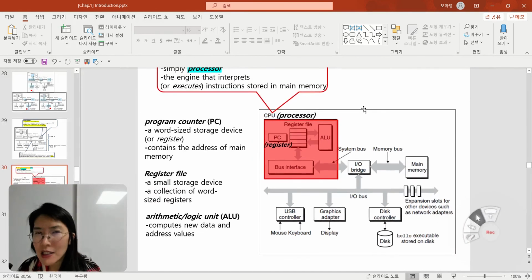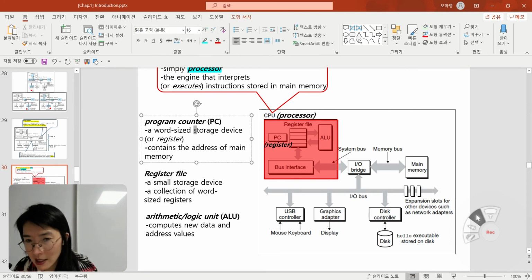And please memorize each definition as well as the rough figure of the CPU, the buses, main memory, as well as disk. All right. So what is PC? PC is the program counter. So it is a word-size storage device.